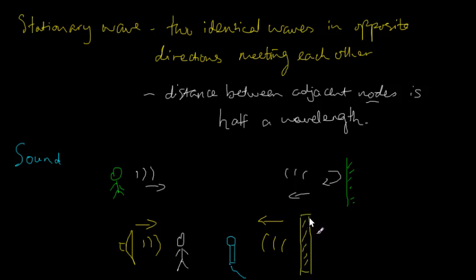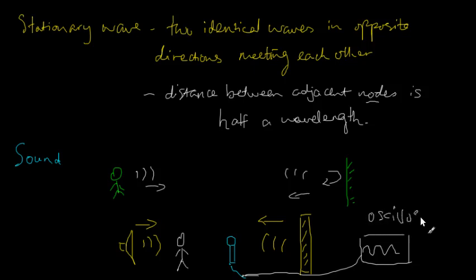Maybe it's a wall, or a big piece of metal. So you can just try walking to and fro, or move the loudspeaker to and fro, connected to some instrument that will show a sound wave. For this kind of instrument, for example, we can use something called an oscilloscope. I'll talk more about this later on.